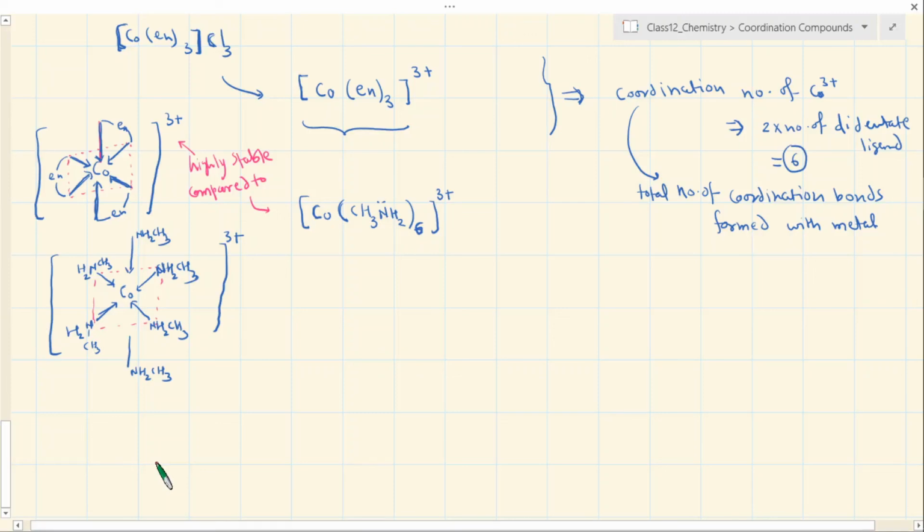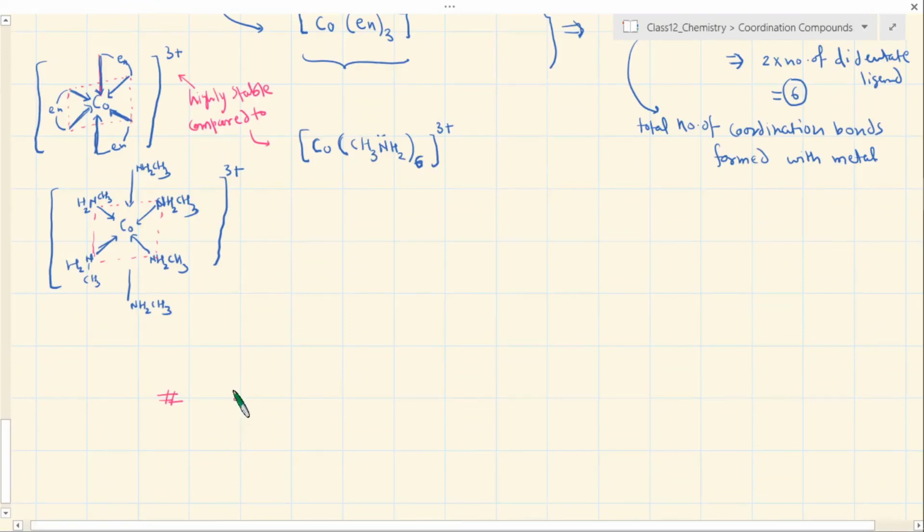And just to add one more to your vocabulary, there is a term called homoleptic complex compounds or coordination compounds, and heteroleptic complex compounds.